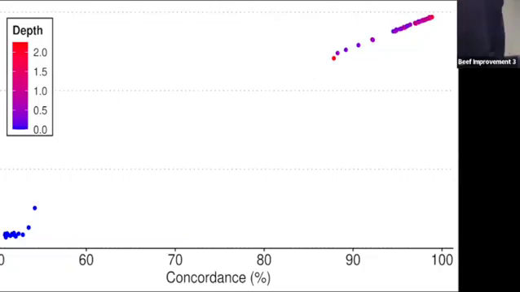So here's what we got. What I have here is depth. The color chart is depth, and that is, on average, how many times we saw each nucleotide, right? So once we get past about 0.1, 0.15, we do a really good job of imputation. The concordance and the correlation between the imputed genotype and the SNP chip is, for the vast majority of them, above 0.95.